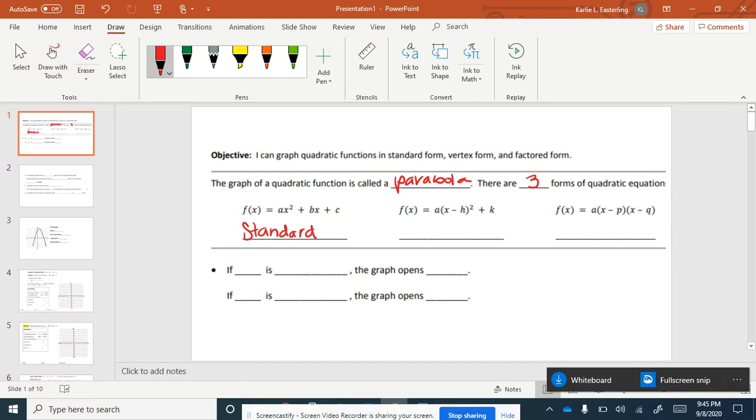The next one that we haven't really looked at much is f of x equals a times x minus h squared plus k. And this is our vertex form. And then that final one, f of x equals a times x minus p times x minus q, that is our factored form.